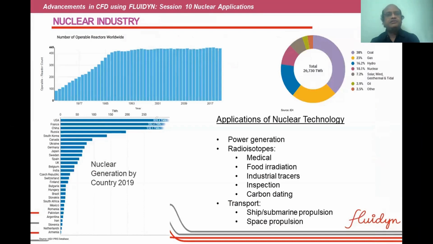If you look at the statistics, India has a significant proportion of nuclear energy in its energy production.